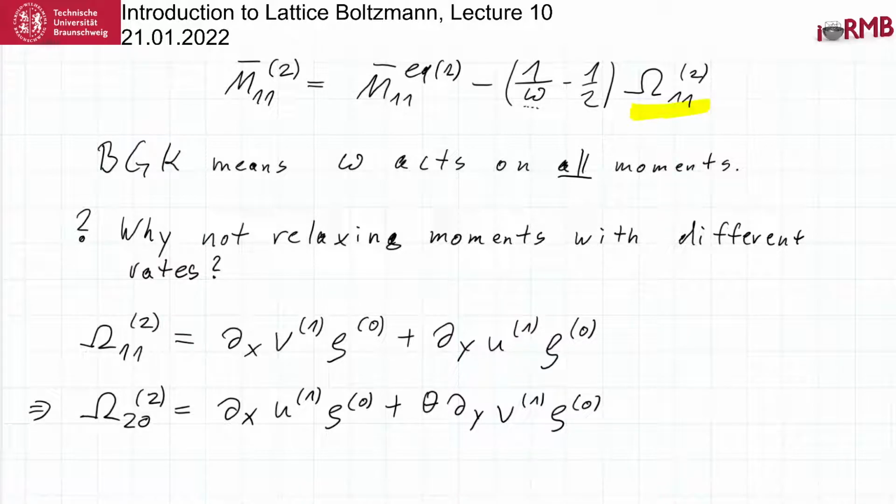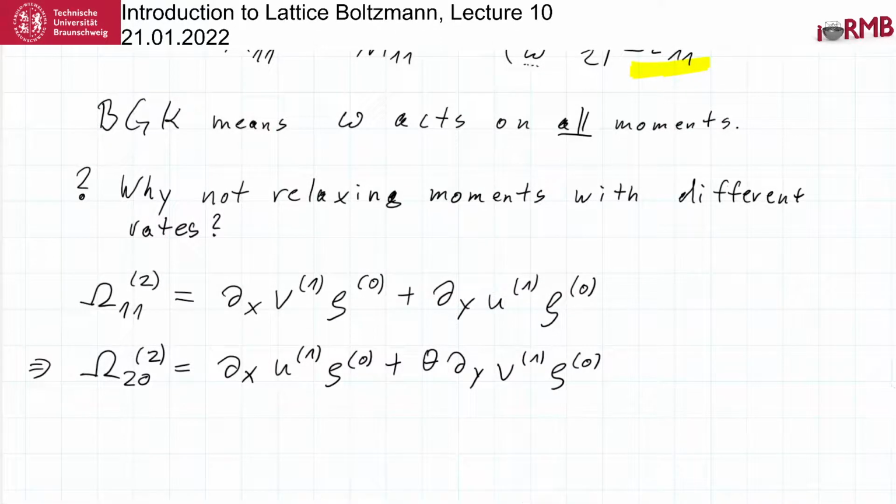Now there's one important thing to note about this: here we have the x derivative of the x velocity, and we have the y derivative of the y velocity, but with a different prefactor.